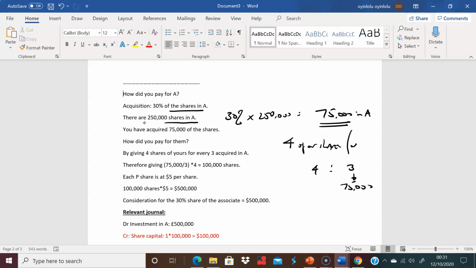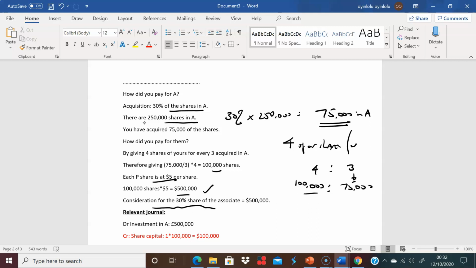So you say 75,000 divided by 3 times 4. In effect, I'm going to swap: take your 75,000, I'm going to give you 100,000 shares of ours, and incidentally, each of our shares is worth £5, and therefore we're in effect giving you paper worth £500,000.